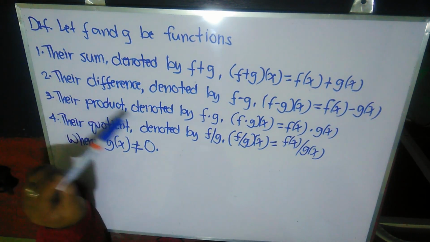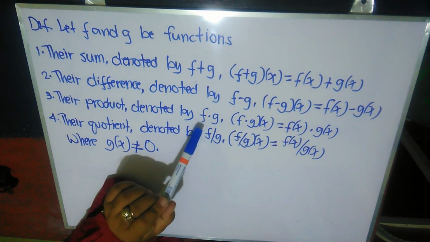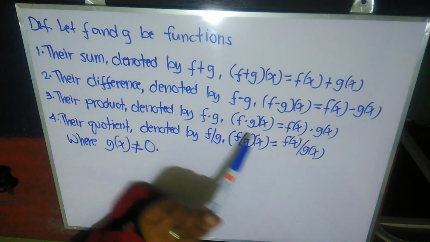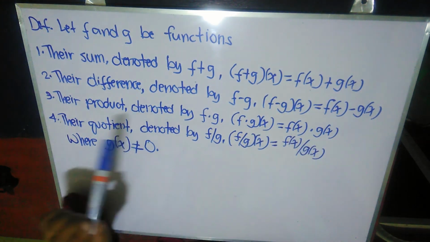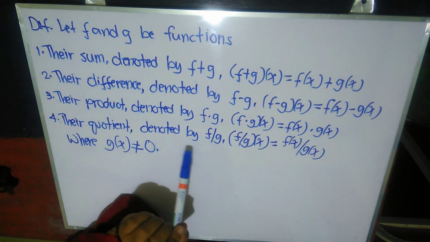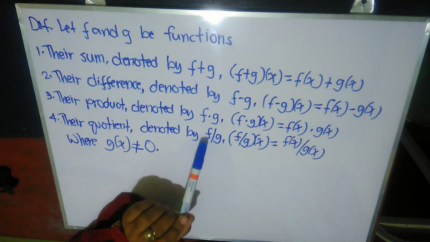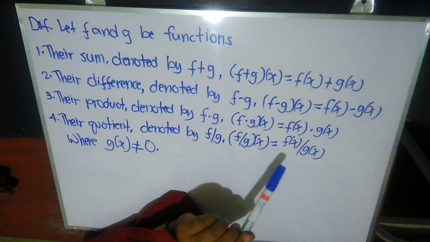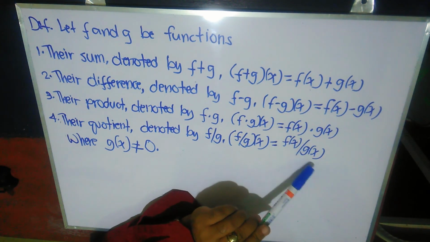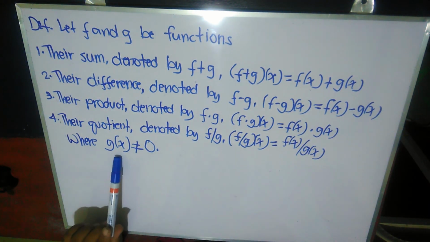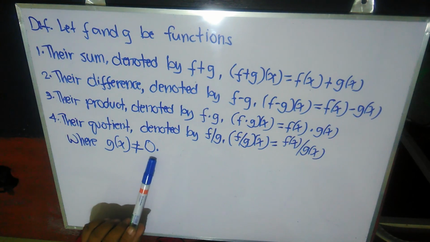Their product, denoted by f times g, is equal to f of x times g of x. Their quotient, denoted by f over g, is equal to f of x divided by g of x, where g of x is not equal to 0.